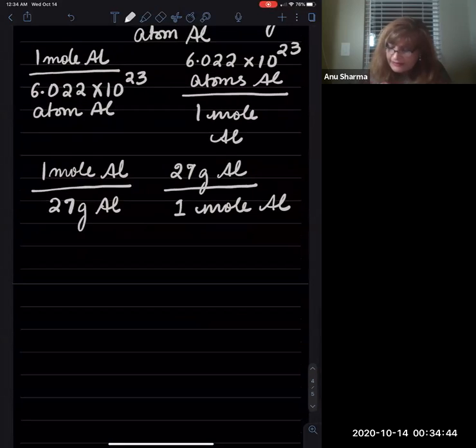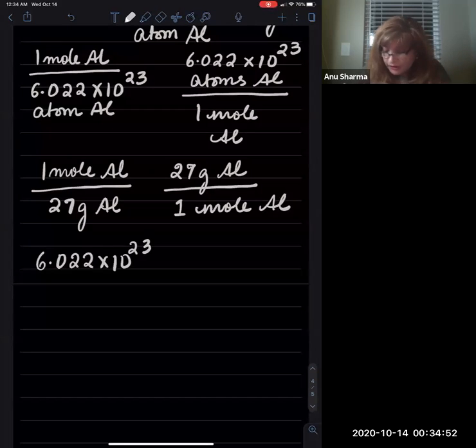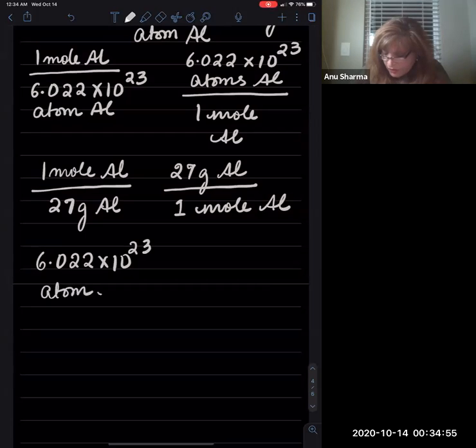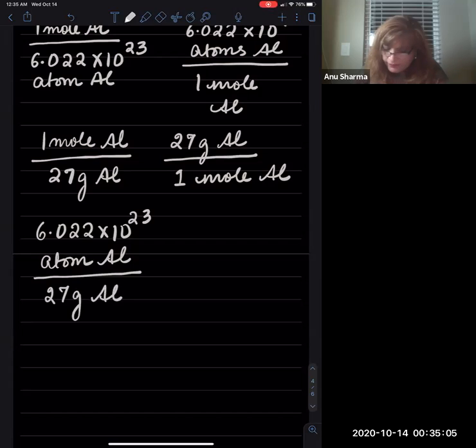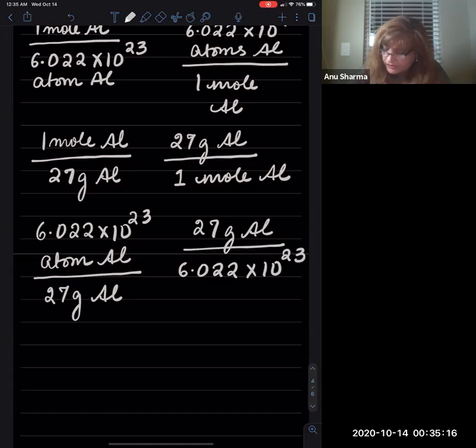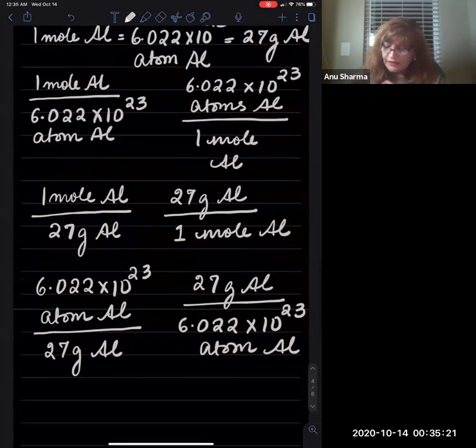We can also look at the relationship with Avogadro's number: 6.022 times 10 to the power 23 atoms of aluminum are present in 27 grams of aluminum, or 27 grams of aluminum contains 6.022 times 10 to the power 23 atoms of aluminum. So these are the different conversion factors.